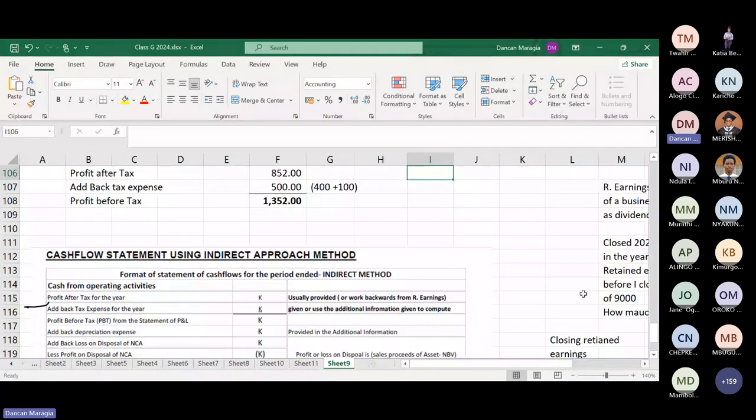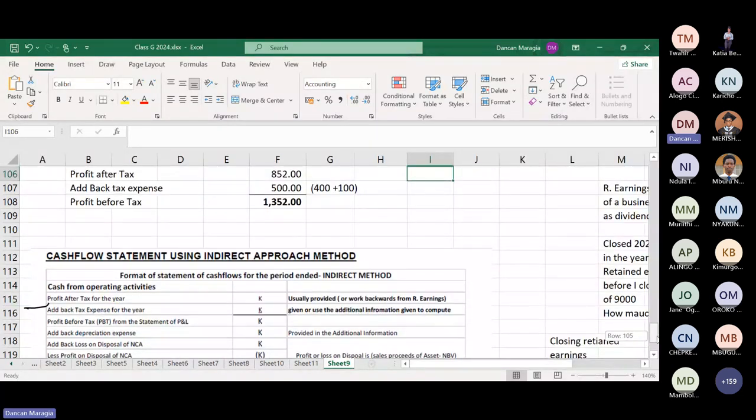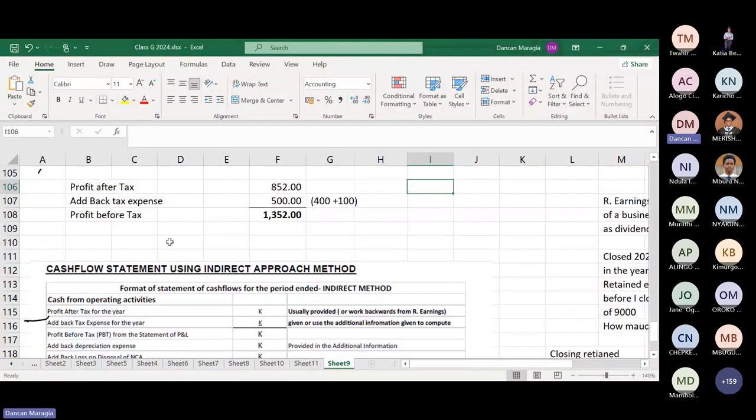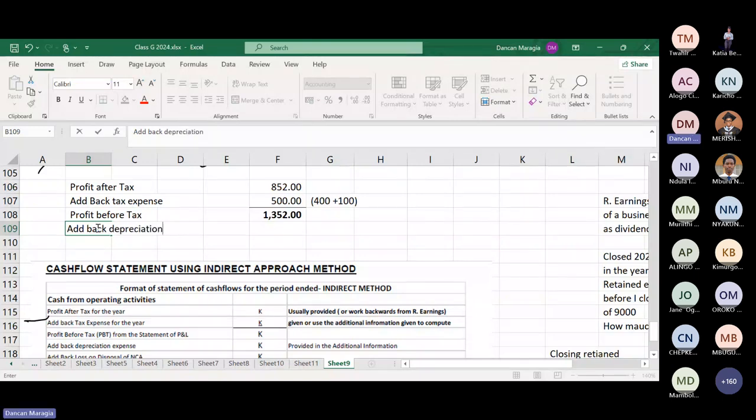Good. Then you are supposed to add the following things. And these ones, I want to deal with them together. But I'm going to go into detailing. Add back depreciation. Add back loss on disposal of assets.